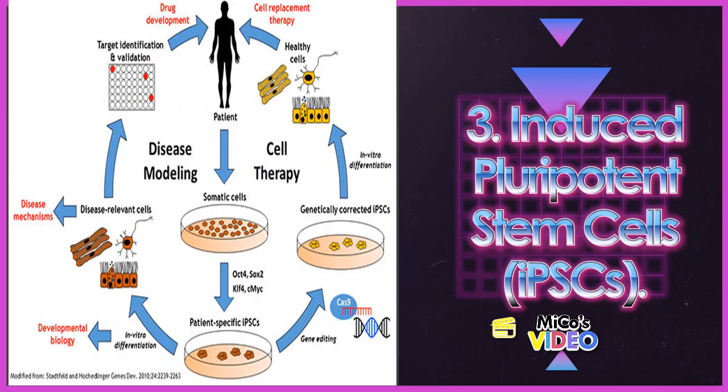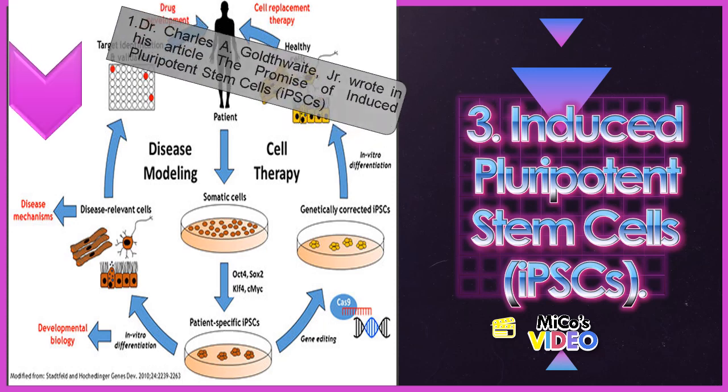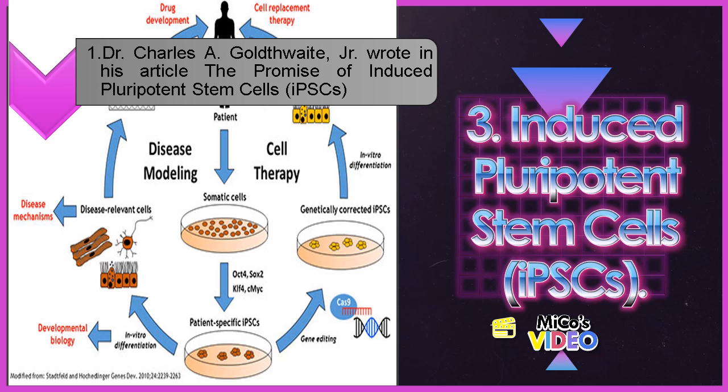The third type of stem cell is what we call the induced pluripotent stem cells, also known as the iPSCs. Dr. Charles A. Goldthwait, Jr. wrote in his 2006 article, The Promise of Induced Pluripotent Stem Cells, that researchers at Kyoto University in Japan identified conditions that would permit specialized adult cells to be reprogrammed genetically to a stem cell-like state.